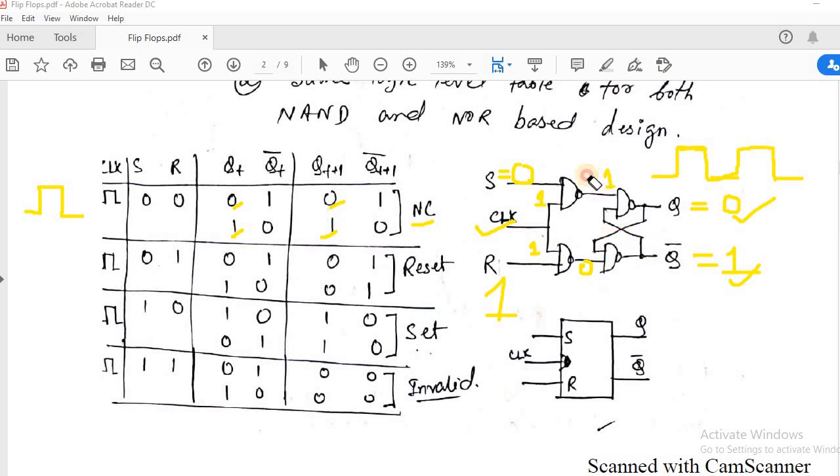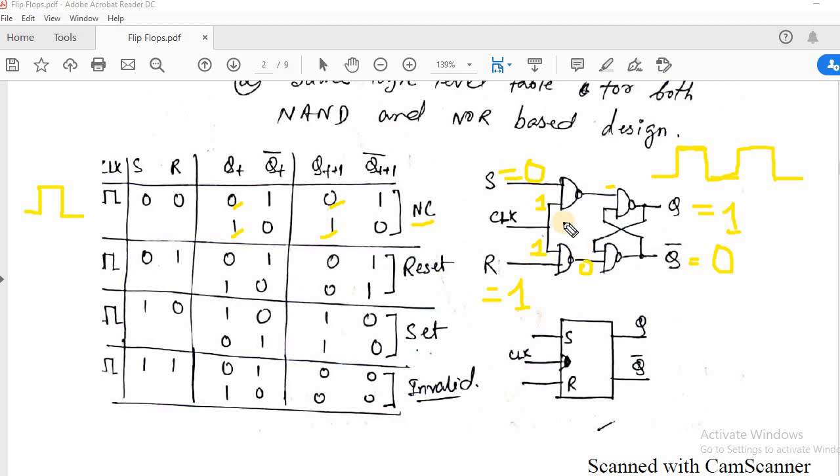Let me erase all this. Now if we consider that S is 0 but R is 1, but now the present state is 1, so Q bar will be 0. How will this work? Obviously the clock is high, so this input is 1 and this input is also 1.